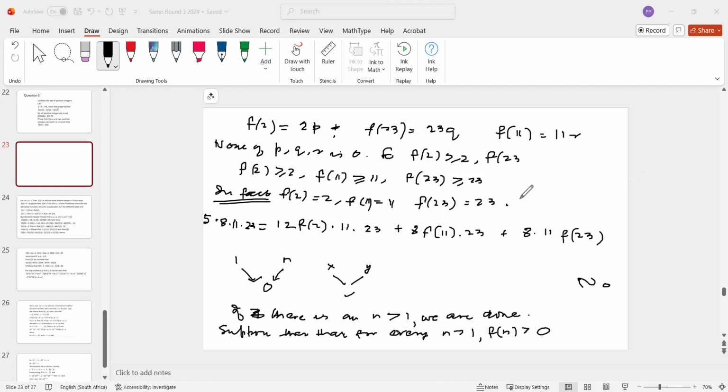Any one of them is false. So I'm going to say, suppose f of 11 is not equal to 11. So it has to be greater than 11, for example, right? Now I'm going to use this thing which I've been preserving for so long.